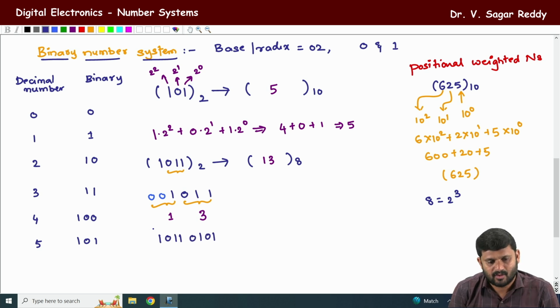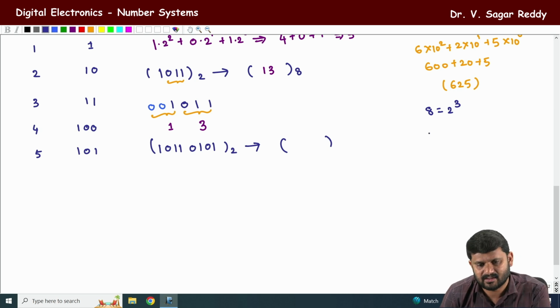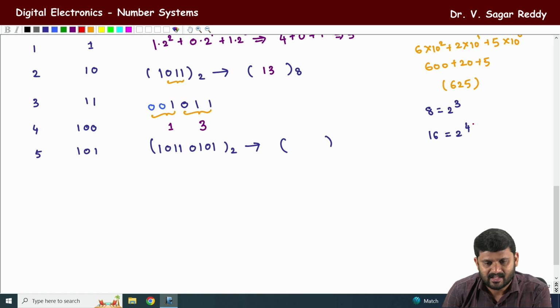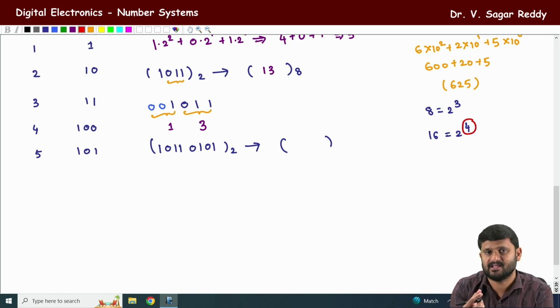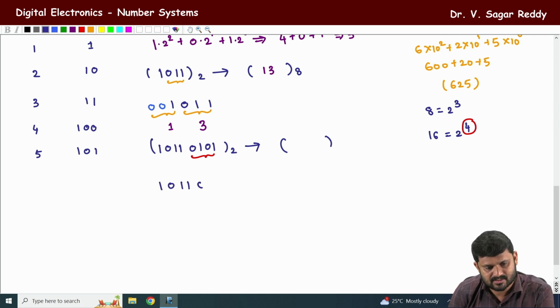If I want to convert this number into hexadecimal, here in hexadecimal the radix is 16, so we can write 2 power of 4, meaning 4 bits are grouped together and represented as a single digit in the hexadecimal number system. I'll group these 4 bits as one digit and these 4 bits as one digit.